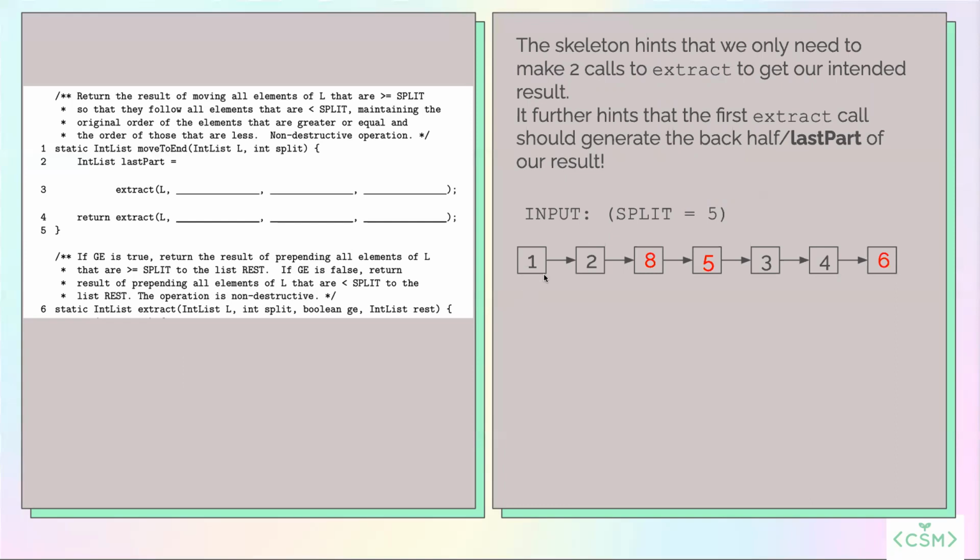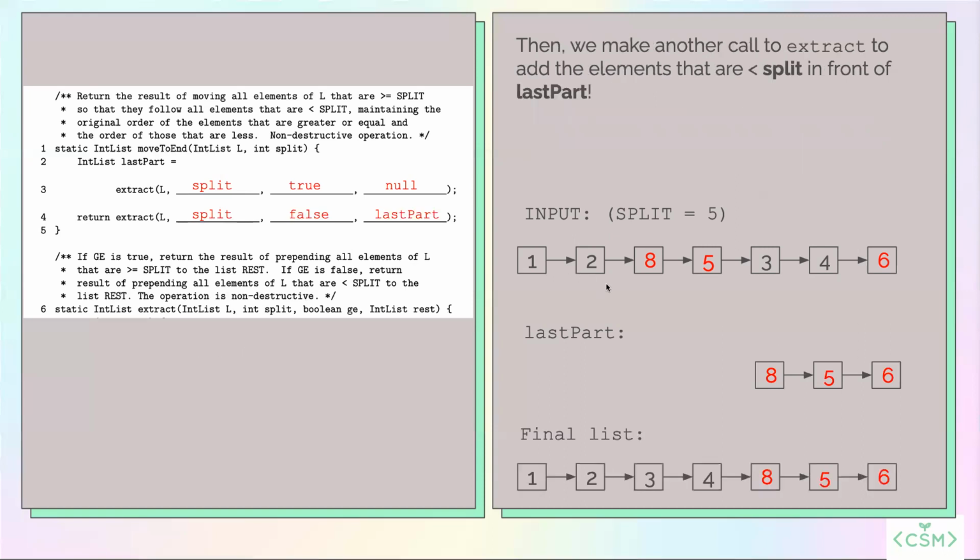So if we are given this example input, our last part will be 8, 5, 6, because that is the part that should be shifted to the back. And then finally, our final list will be something like 1, 2, 3, 4, followed by 8, 5, 6.